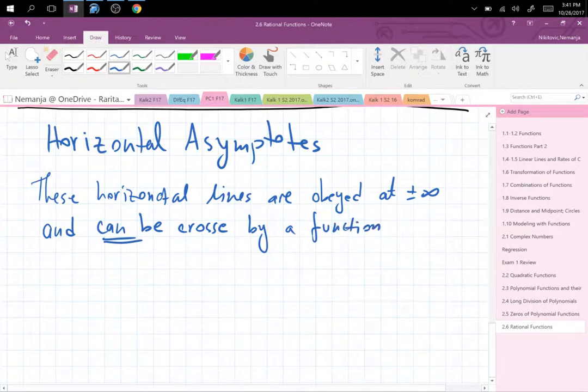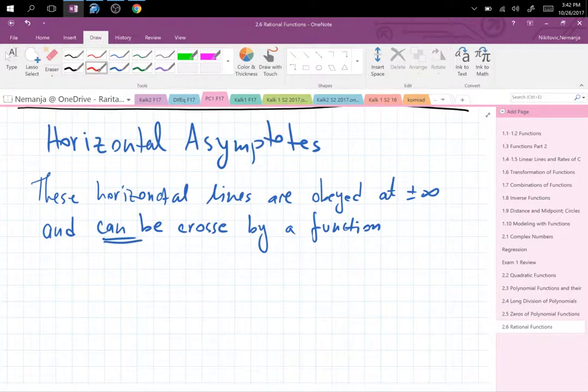What this means is that the horizontal asymptote has to be followed by the function as the function goes to infinity, but you can cut through it locally. You can cut through it if you need to, if the function is cutting through it.